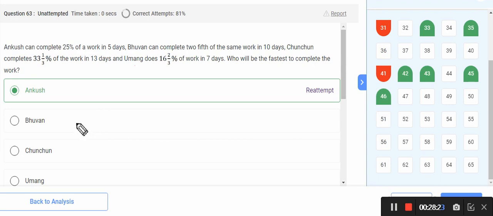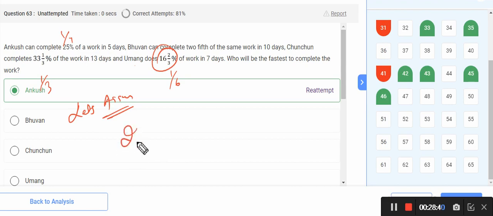So let's assume the total work to be a multiple of all these three. So this is 1/3, this is 1/6, and this is 1/4, right? So the multiple of all three will be 12, right?